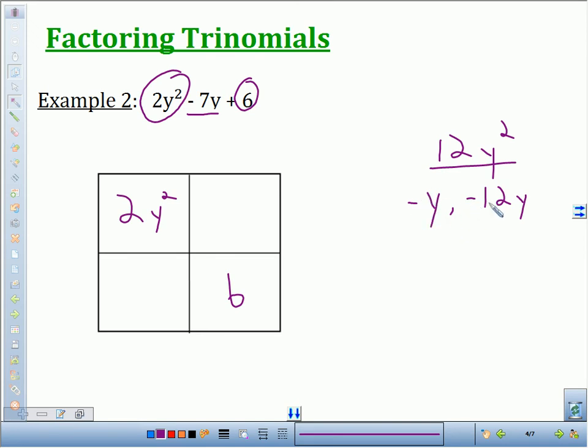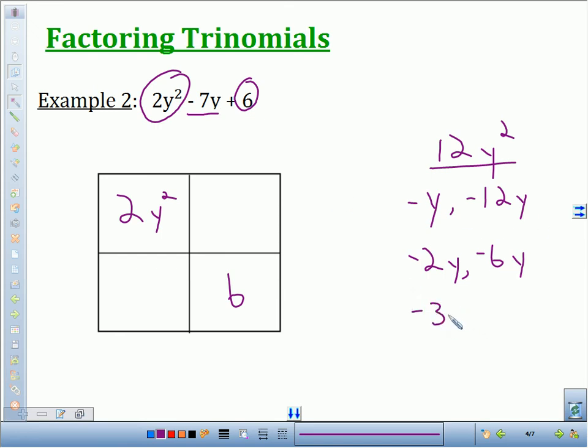But negative y and negative 12y make negative 13y, so that doesn't work. We could have negative 2y and negative 6y, and while negative 2y times negative 6y is 12y squared, negative 2 and negative 6 don't add up to negative 7, so this one is also not going to work.